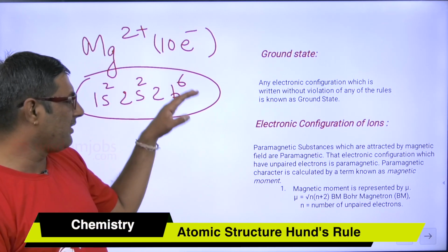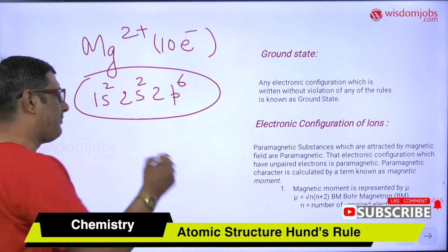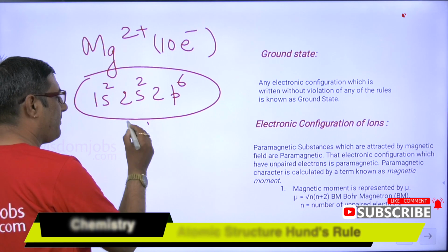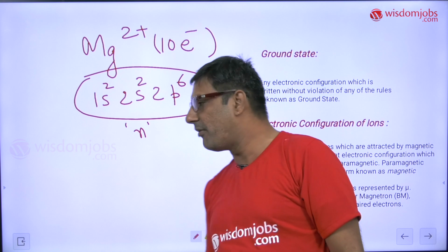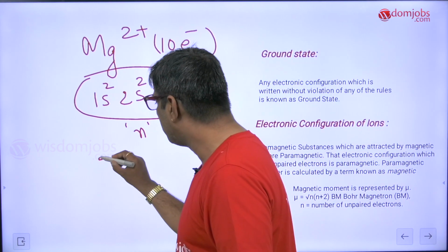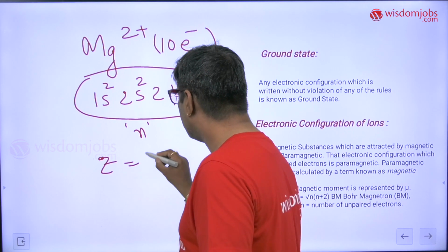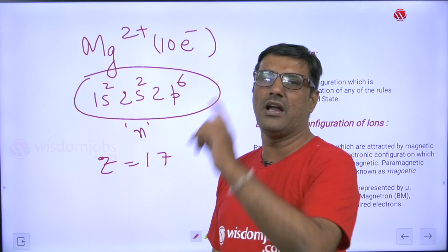Now let me comment on the magnetic moment. If the number of unpaired electrons is n in a particular element, let us say in chlorine, how many unpaired electrons will be there? The atomic number of chlorine is 17. If you observe, it contains one unpaired electron.